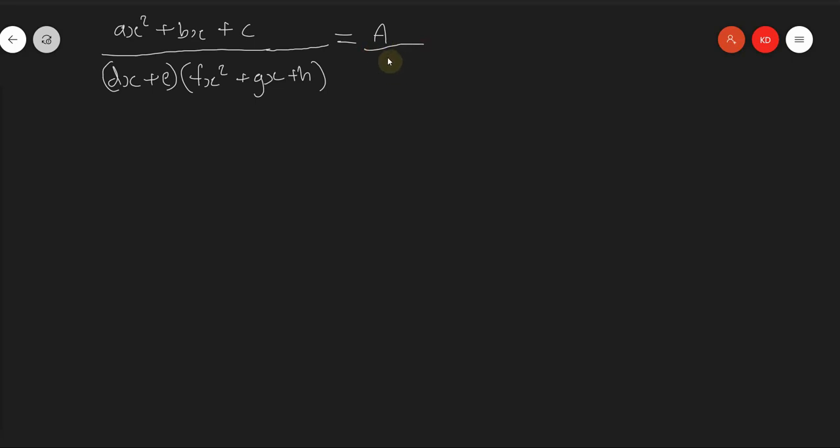Now with these types of problems, the partial fractions will look like this. So the linear factor just has a constant in its numerator, plus now the quadratic factor will have a bx plus c in the numerator.